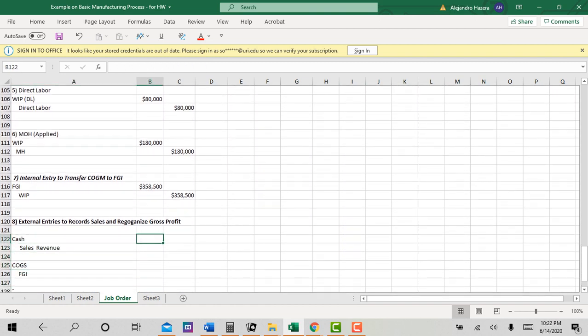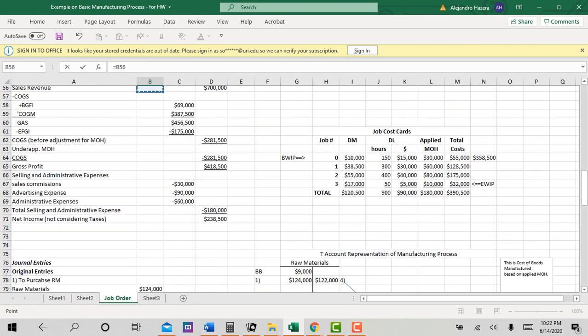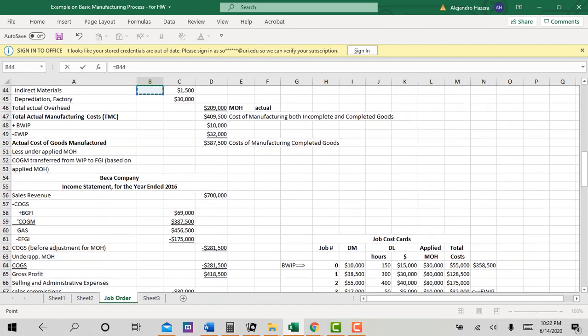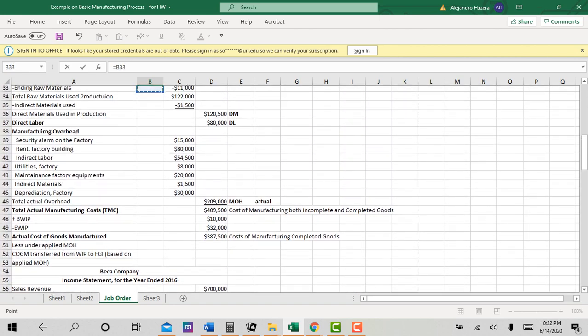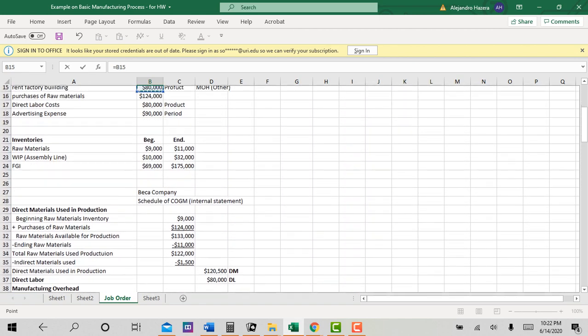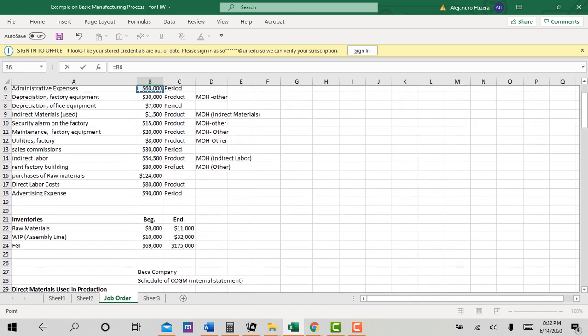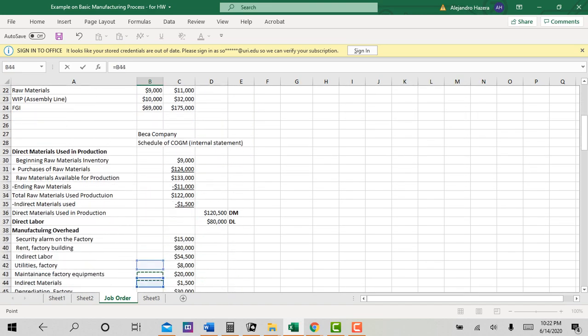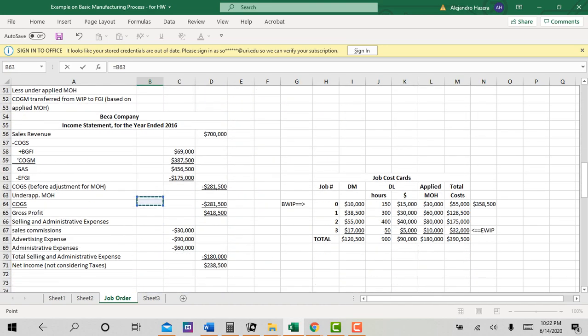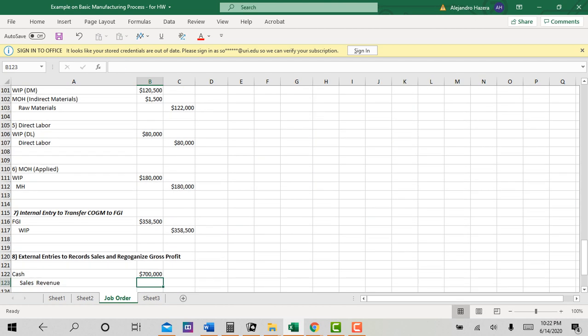Okay, this first one is not even the cost system. We have to recognize that we make a profit. So what we're going to do is go all the way up here to the income statement. I went way past the income statement, but I know what I'm doing here. The income statement is $700,000 revenue.